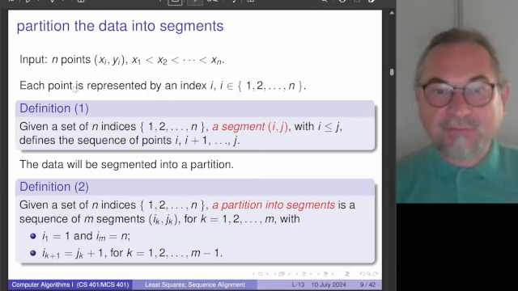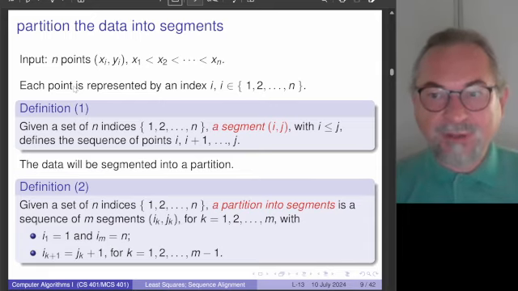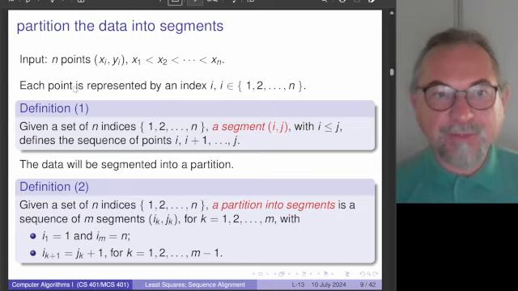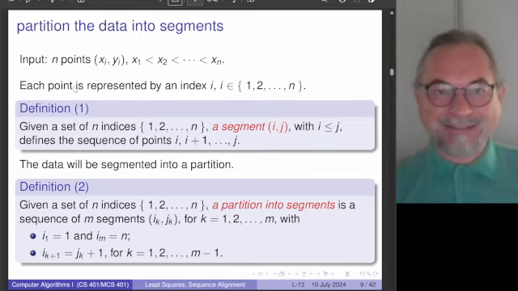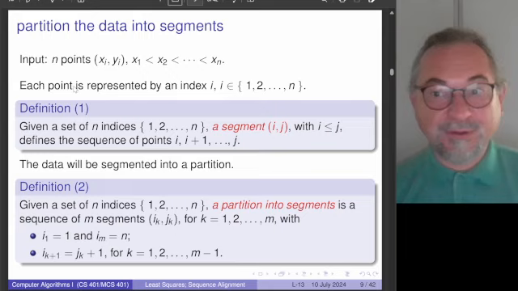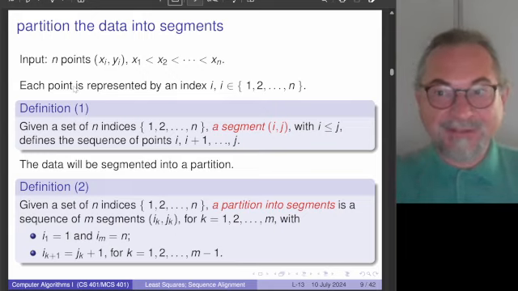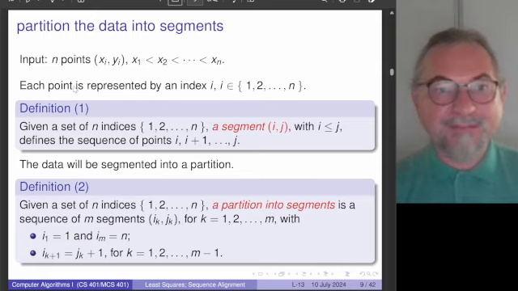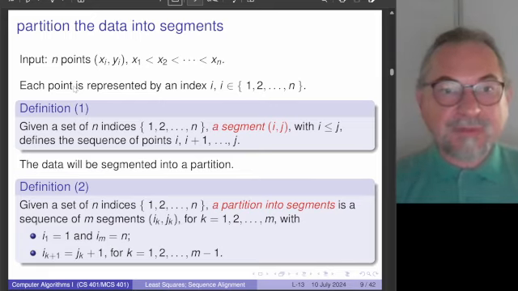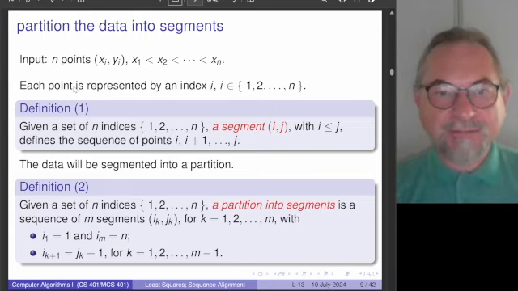Okay, so let's formally define what our problem is. On input are distinct points. Here I'm consistently using X. It's also in many applications typical to work with time. So you have measurements. You can even think of temperature that is linearly changing at some point. So each point has an index, a number.